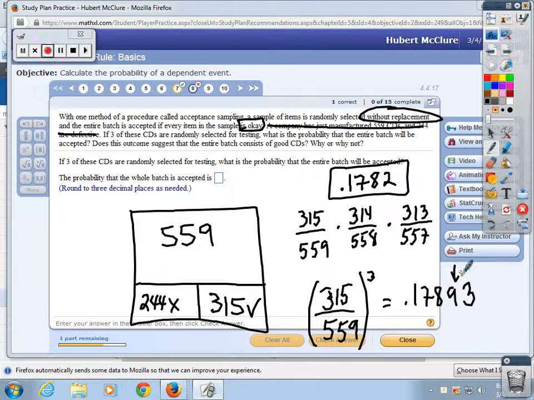Now, let me show you this in the question. I'm going to type in the wrong answer for a reason.